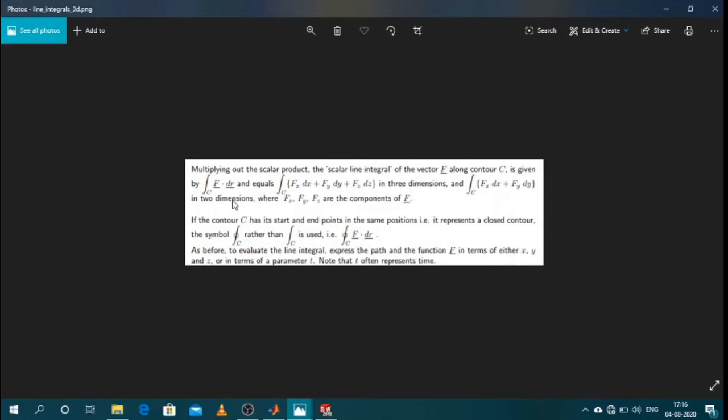If we integrate this line integral, we get the component of the vector field along this curve. So let's get back to Matlab.